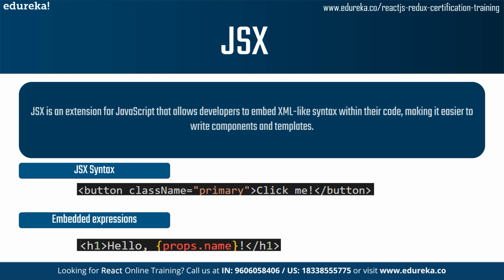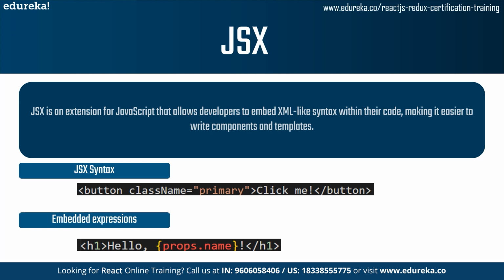Some of the benefits of using JSX are that it improves the readability and maintainability of the code, it allows for reusable components, and it can simplify complex UI logic. Now, the JSX syntax uses XML-like syntax, right? For example, the following code shows how to create a button using JSX.